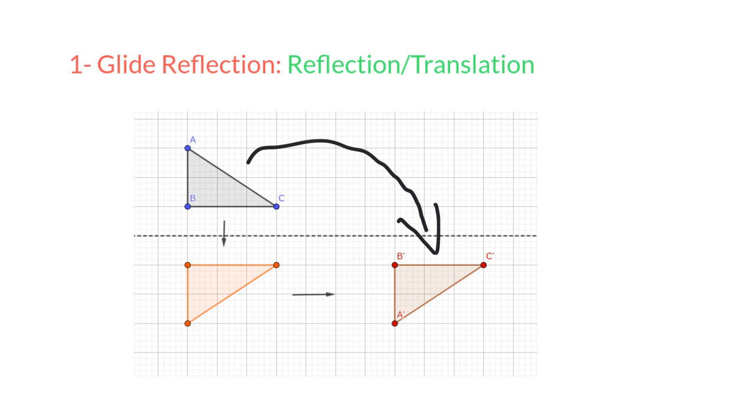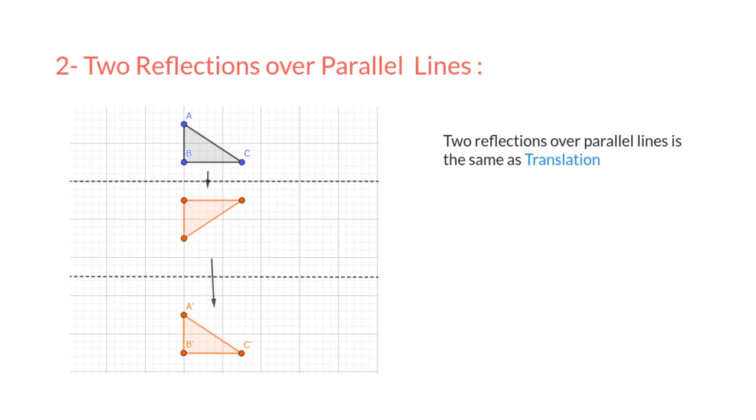Now, the other common composition of transformations is when you do two reflections over parallel lines. If we start out with triangle ABC, and we want to do two reflections across each of the dotted lines, let's see what will happen.